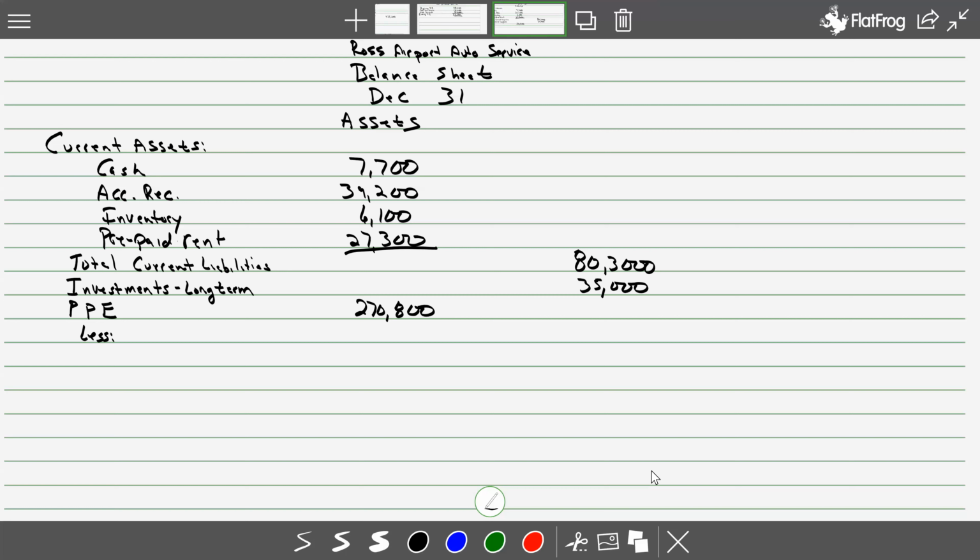From that, we need to subtract out that accumulated depreciation of $42,300, to get our total PP&E, property, plant, and equipment. Be $228,500.